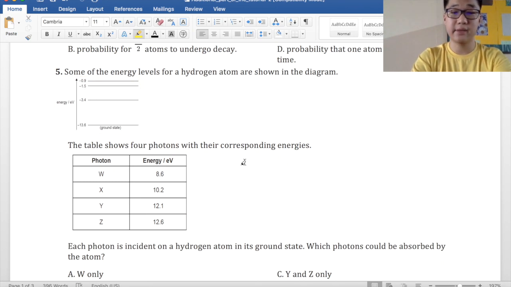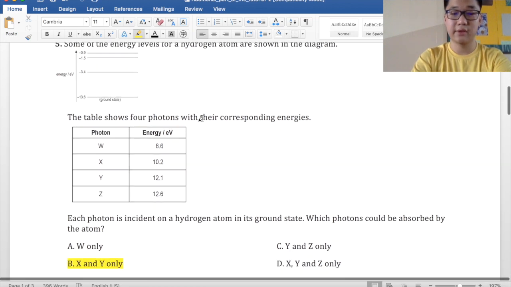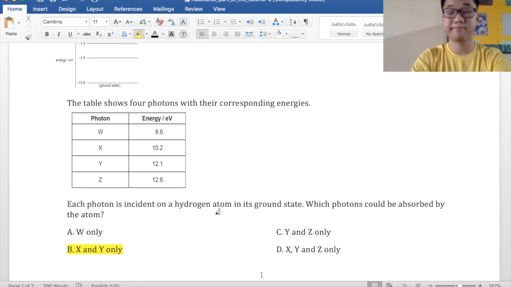As you can see, the energy levels are here, and they should be exactly equal to the numbers here. So if it is not exactly equal, then it would not be absorbed. It would not jump to the different level. So they're together. So therefore, B is the answer.